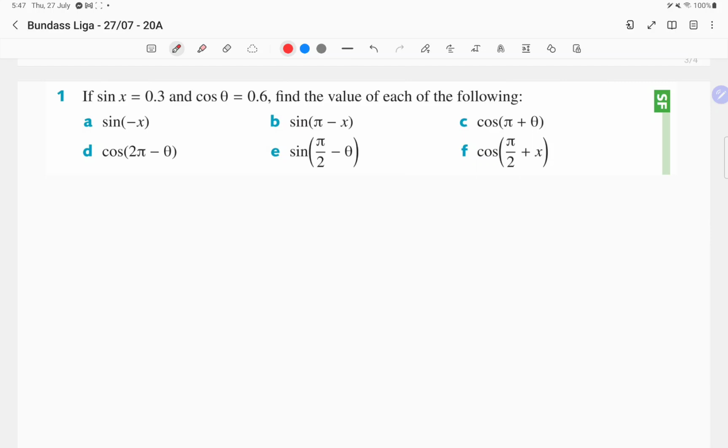Is the first question negative 0.3? Sine negative x is, yes, that's right.